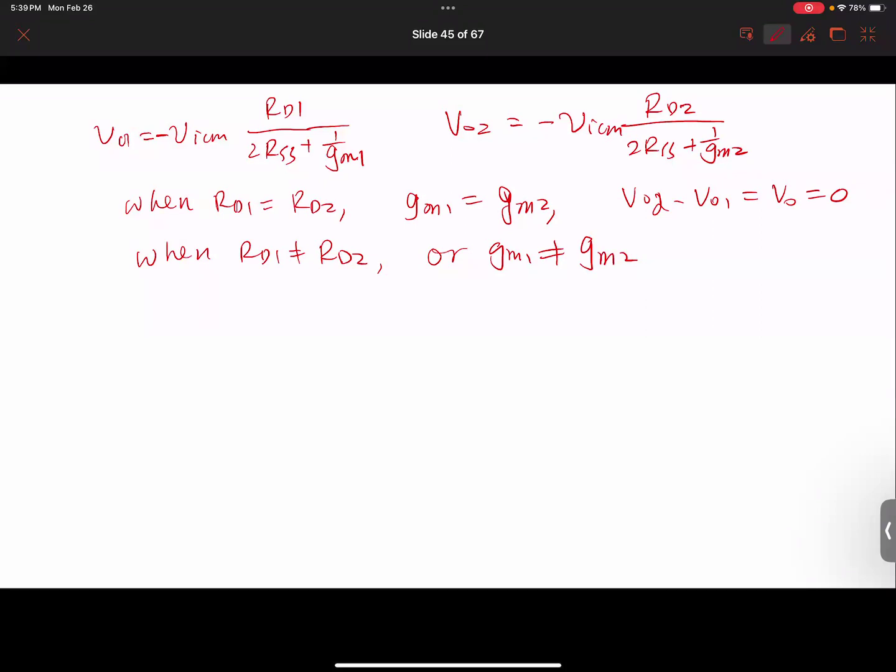When RD1 and RD2 are not the same, or GM1 and GM2 are not the same, you're going to have a difference. So we're going to look at what we call delta RD.